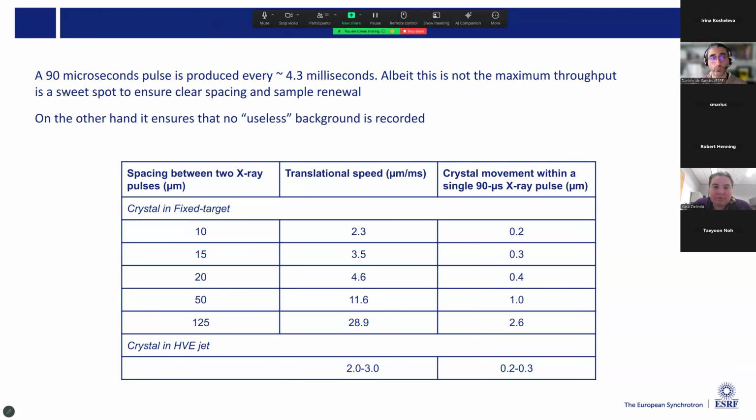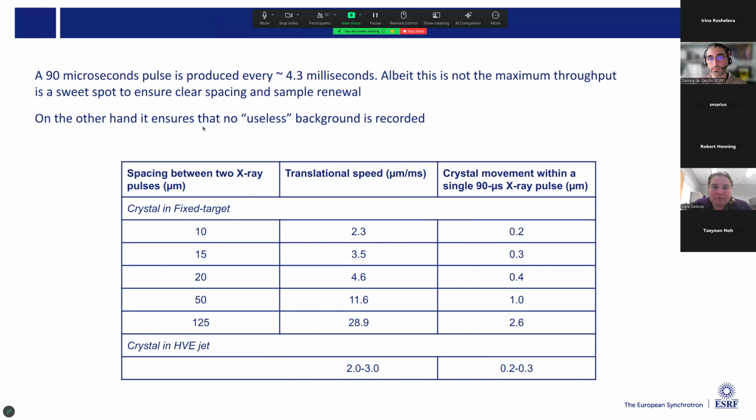As I said, in the slowest mode we have 90 microsecond pulses, produced a bit more than every 4 microseconds. This, compared with doing a similar experiment with a continuous beam at a third generation synchrotron, also has the advantage of maximizing the signal to noise.